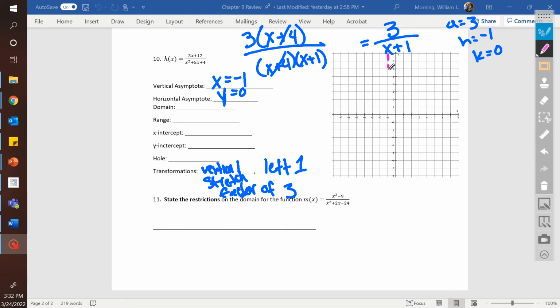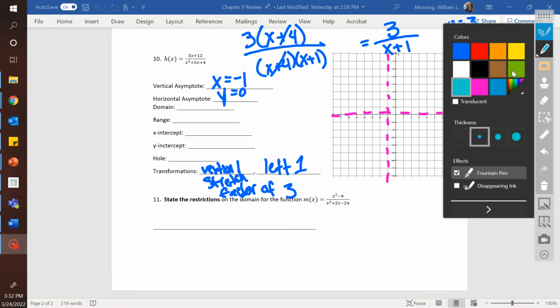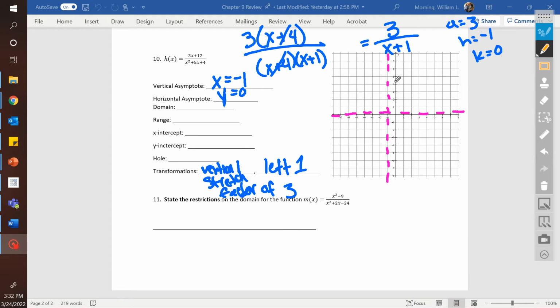X equals -1 right here. Y equals 0, that's right here. And I know what this looks like. It's going to be something like this on the right side, and something like this on the left side.